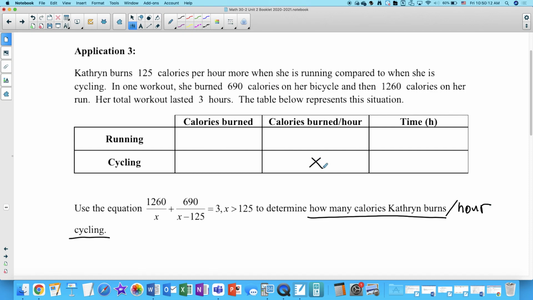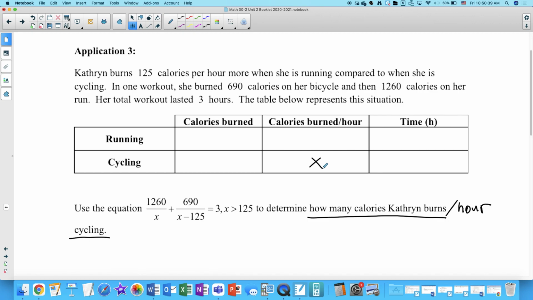Because that's what we're trying to figure out. Okay? Now, once you assign a variable, you want to try and, in that same column, use that same variable to describe the other part to the situation, which in this case is her running rate, right? How many calories does she burn per hour running?